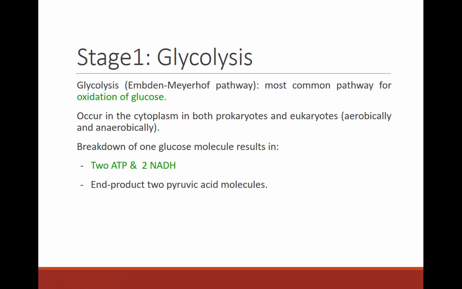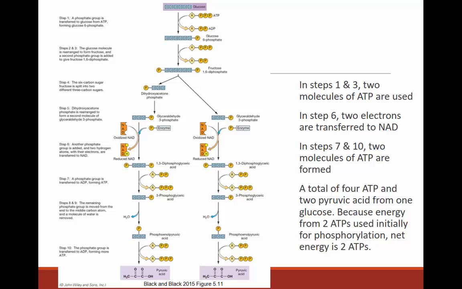Okay, so when you're going through this, I would probably advise just getting a diagram and writing inputs and outcomes. Okay? And this does look a little bit daunting, but you can see in step 1 and 3, you've got 2 molecules of ATP being used.